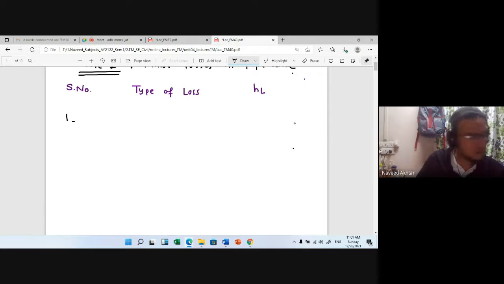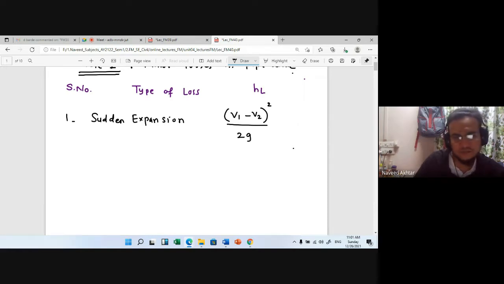First is sudden expansion. We have calculated sudden expansion, and the value of HL we have found out: (V1 minus V2) whole square upon 2g.